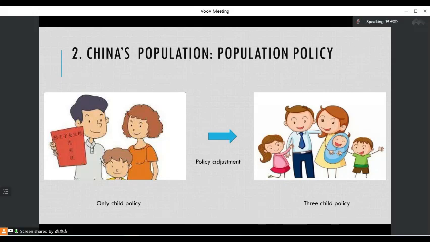This means girls are better to their parents than boys. They care very much about daughters, sometimes even more than sons.